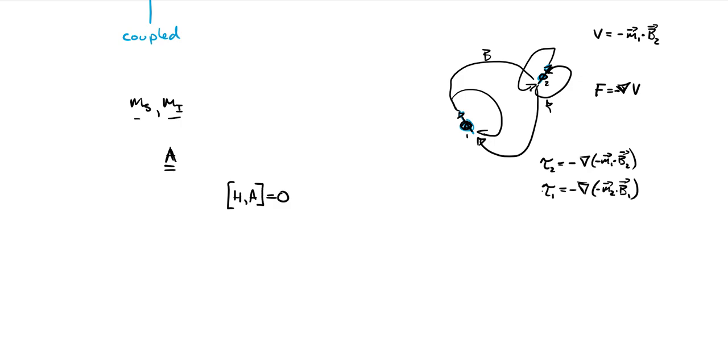Which means it's going to share eigenstates with that Hamiltonian. And that means it's a conserved quantity, because time evolution for these time independent Hamiltonians, you remember, hopefully we're all comfortable now with how that works. Those eigenstates are stationary states.